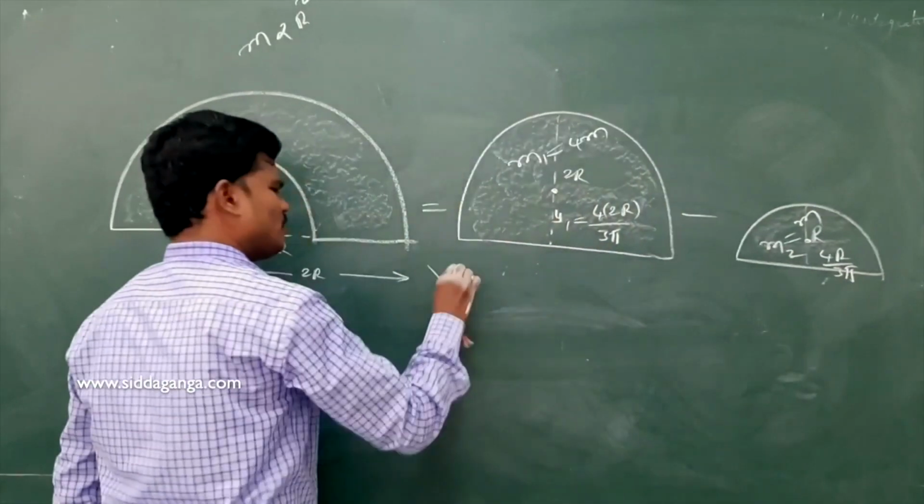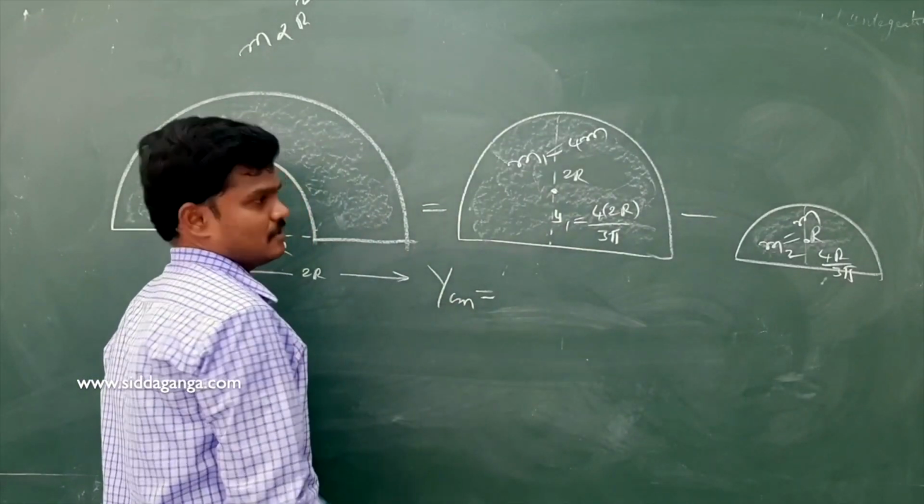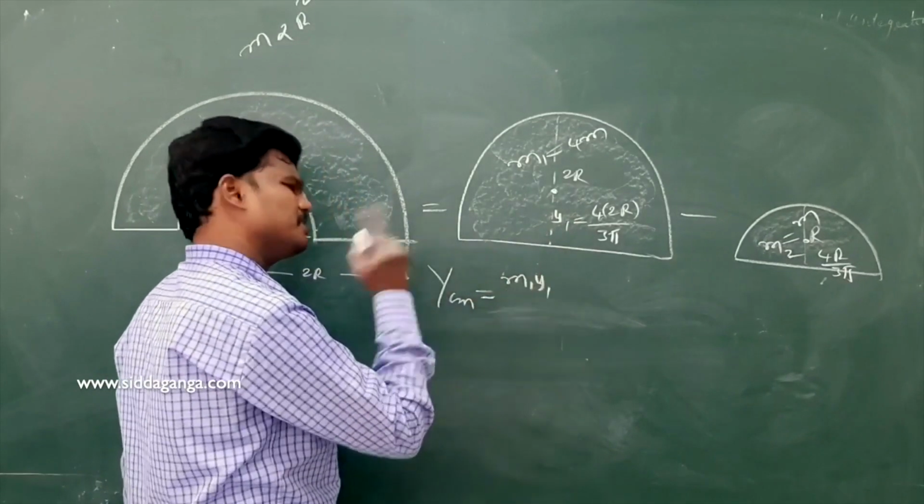Now the y coordinate of the center of mass: you can write m1 y1 minus m2 y2 over m1 minus m2. You can also write a1 y1, and everything will give the same answer.